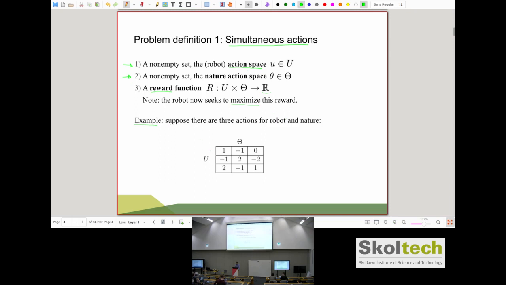Here you have three actions: U1, U2, and U3, okay? For each of these actions in this table, we see different values, and they correspond to the different actions that nature can take. What we are doing is just discretizing the action space to give this very simple example, but imagine that this action space could be much larger.